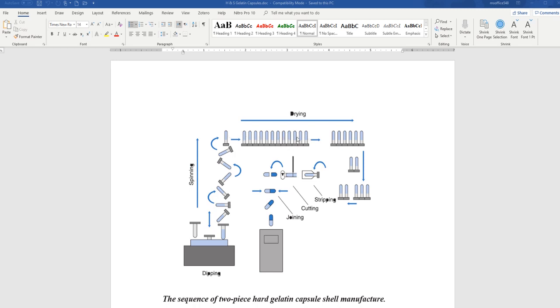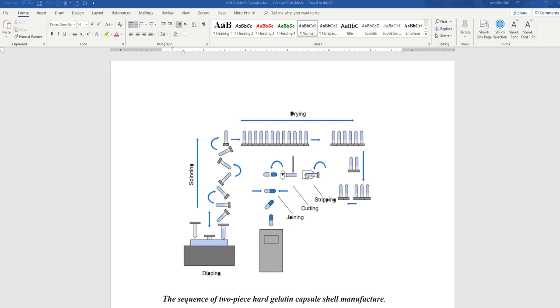After drying, you will do stripping or removing. The machine will remove these bodies or caps from the pins or pegs. So this pin or peg, now this needs to be removed. We call it stripping or removing.